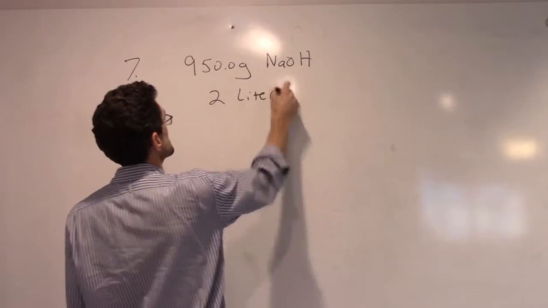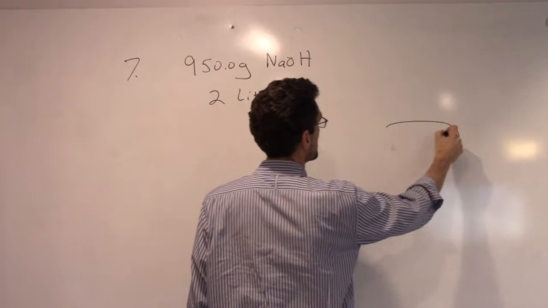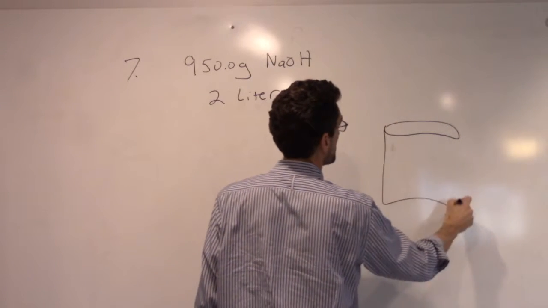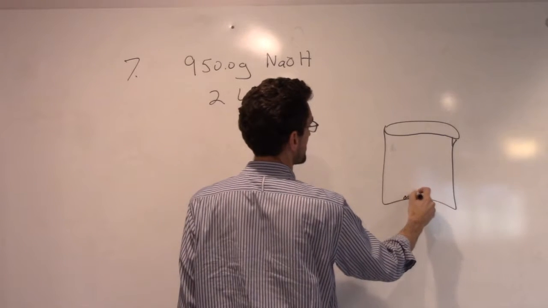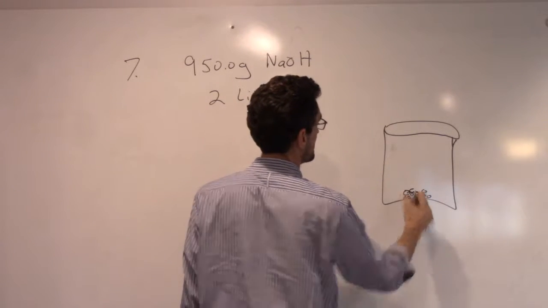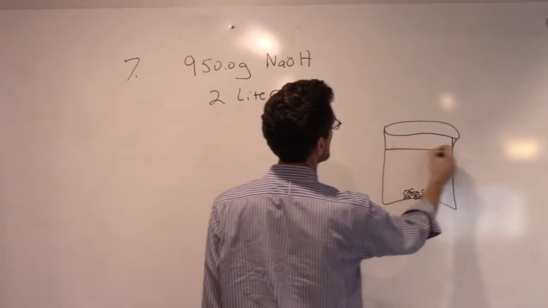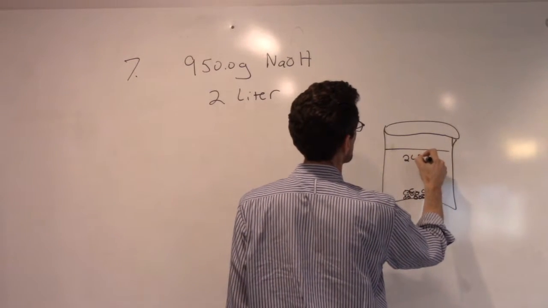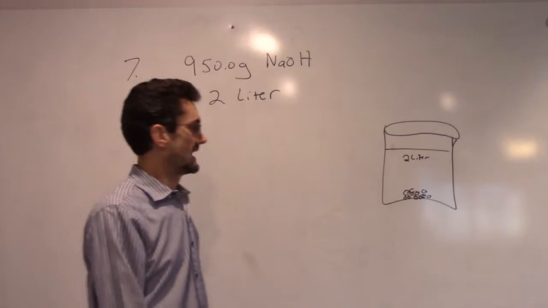He took 950 grams, put it into the beaker, and poured 2 liters of water into it. Eventually the sodium hydroxide dissolves.